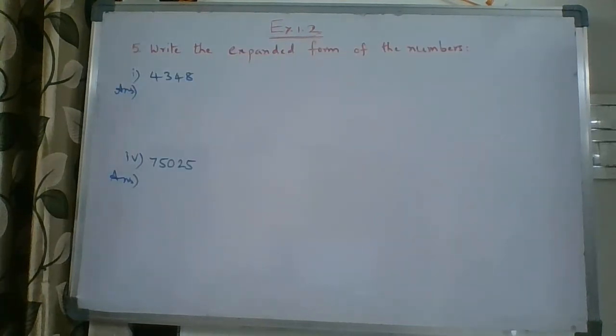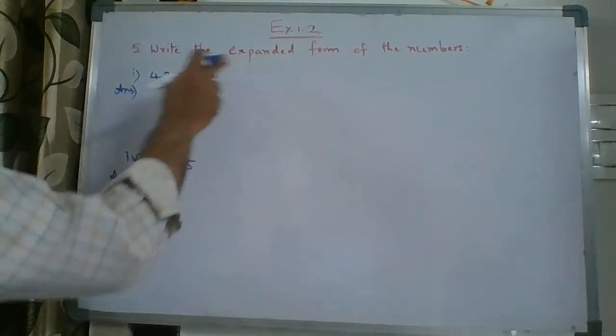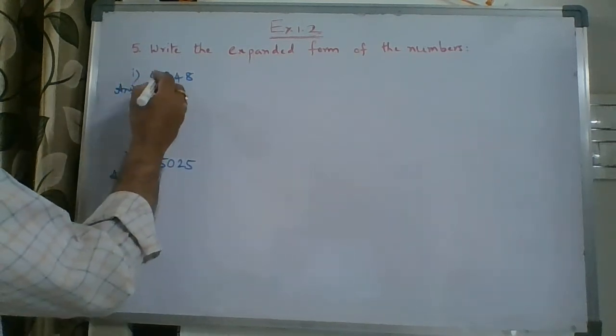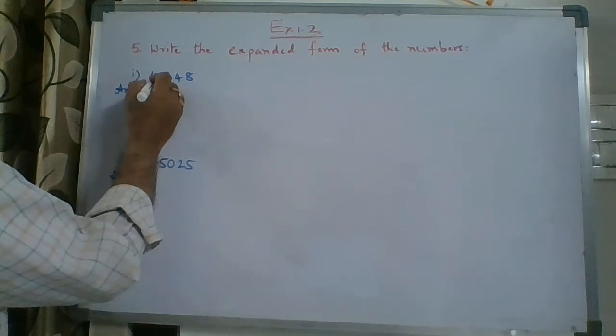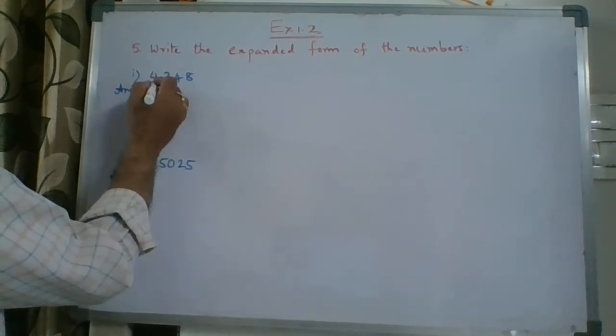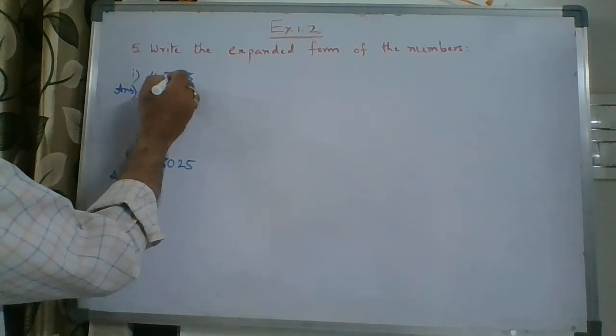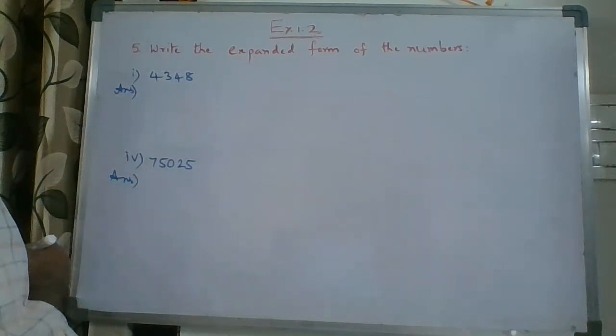Now the fifth question is write the expanded form of the numbers. The number is given, we have to write it in expanded form. First you read this. It has 4 digits, so 4348. In all the places we have a digit.